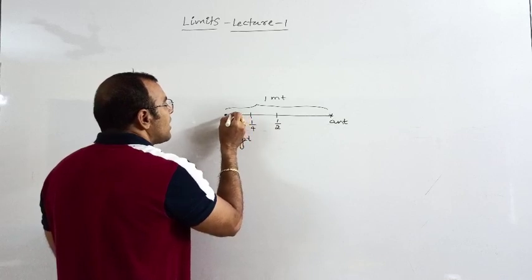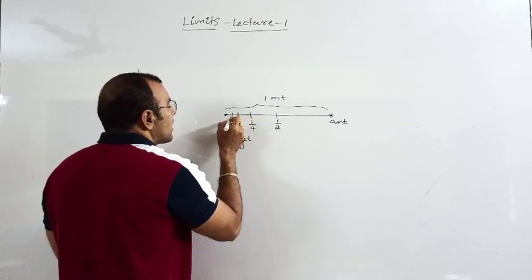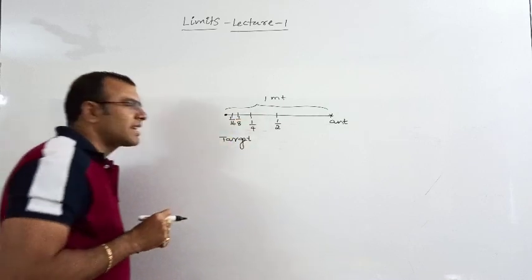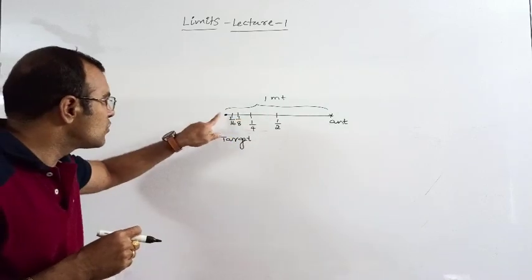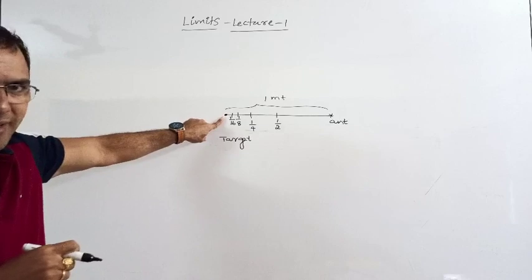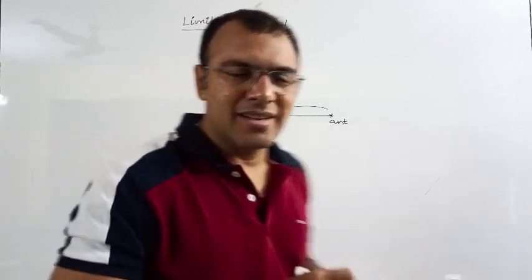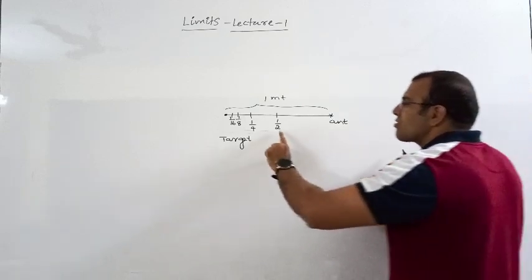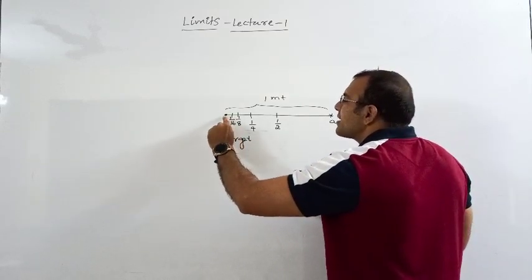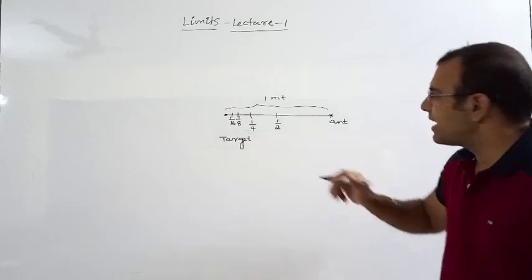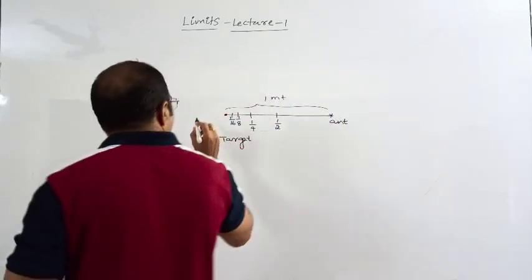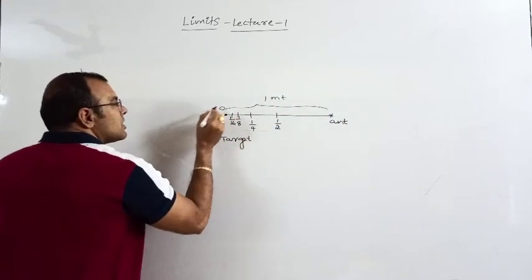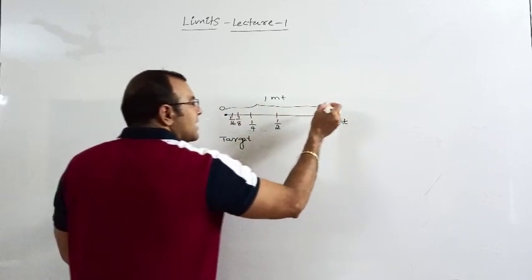Next again half of the distance. Like that, it keeps on moving towards this point. So if you observe, these values are very near to 0. You can assume this is 0, and this is 1.